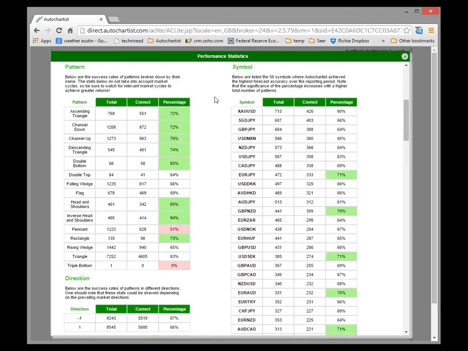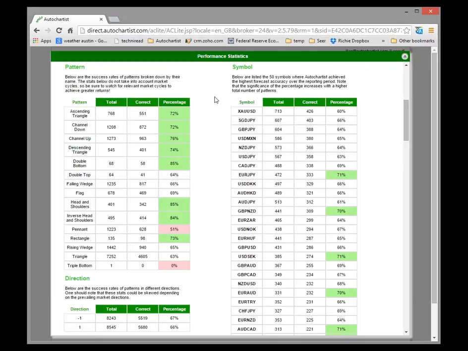Let's look at some of these statistics, and let's first start off with the chart patterns statistics. I'm going to briefly show you this, close it down, explain how the statistics are identified or calculated, and then come back to the screen.